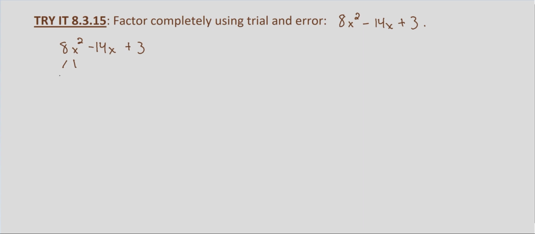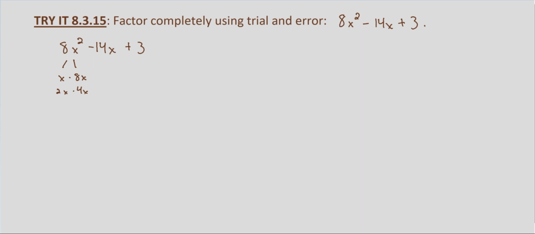So we know it could be x times 8x, or it could be 2x times 4x. And I believe that's the only possibilities for our leading terms.